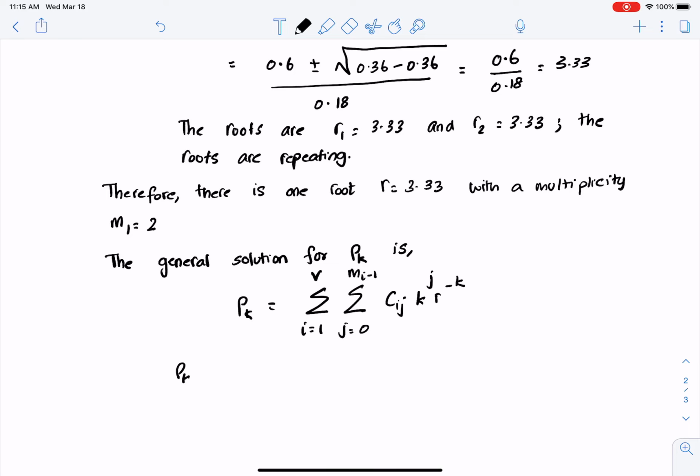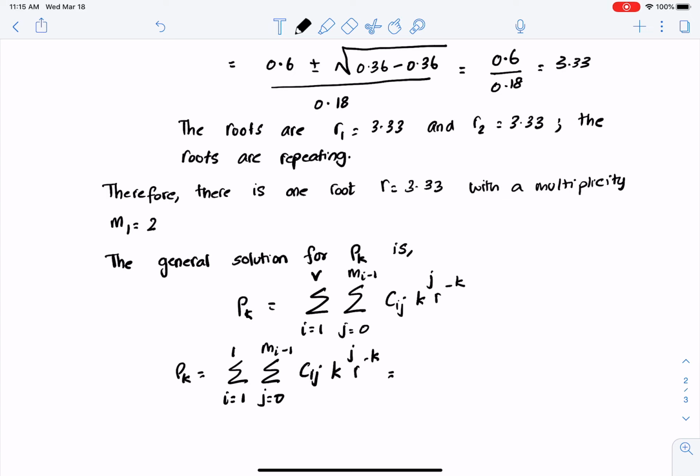So rho k would now equal, for i equals 1, we have one root, so v is 1. The multiplicity of that one root is 2, so we'll just write it as mi minus 1 for now.